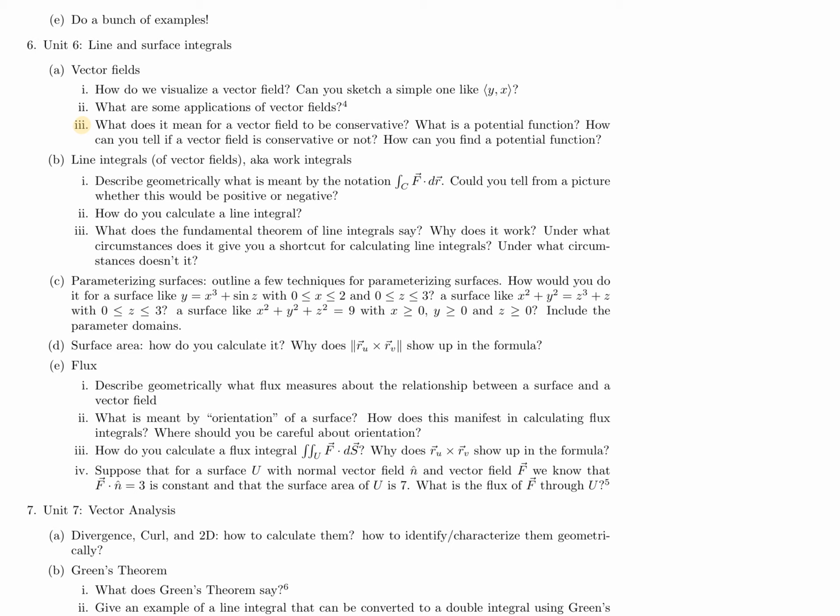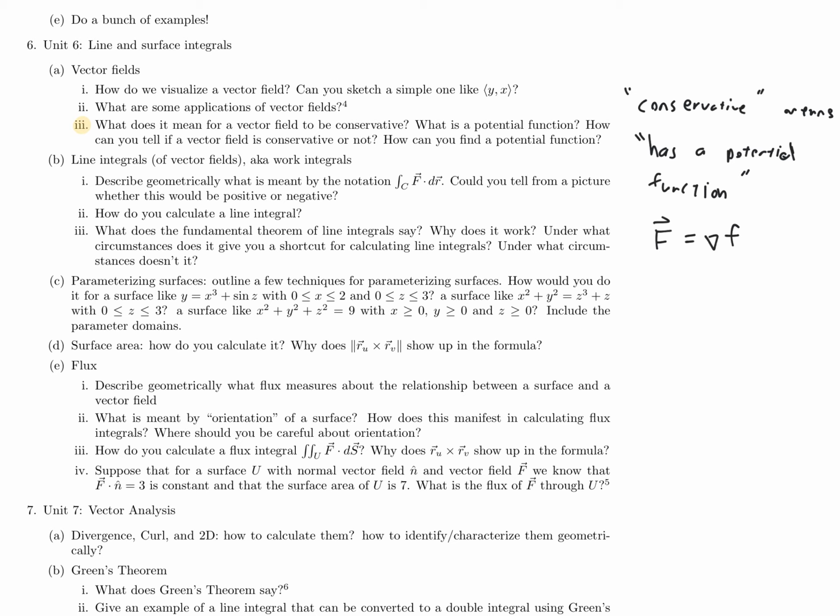So remember that a vector field being conservative means it has a potential function. That is to say that the vector field is equal to the gradient of something.